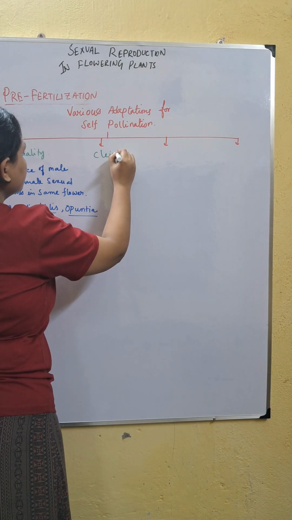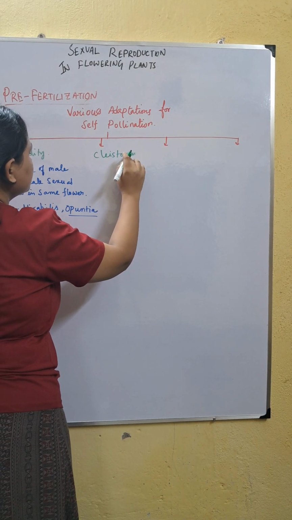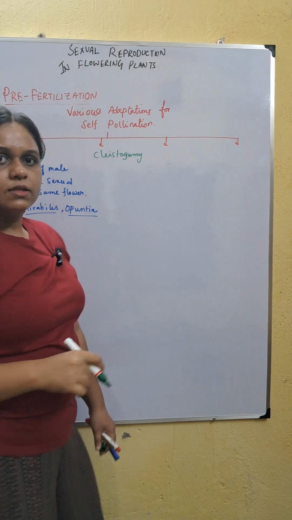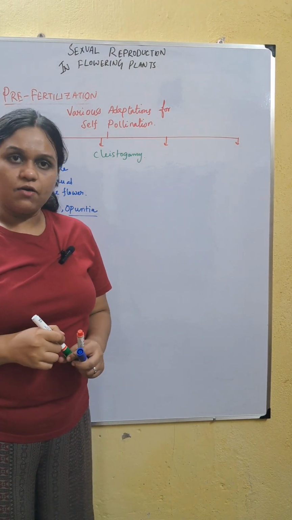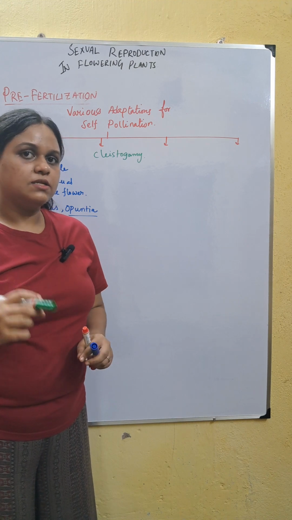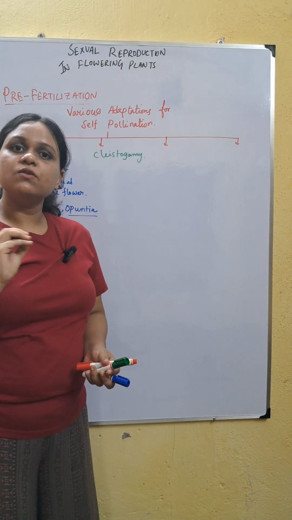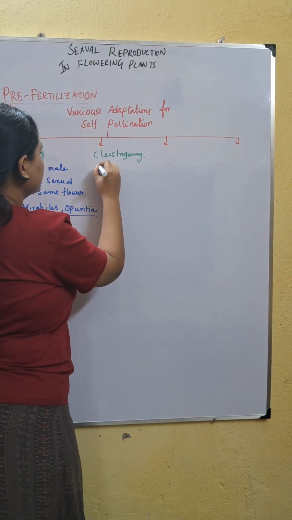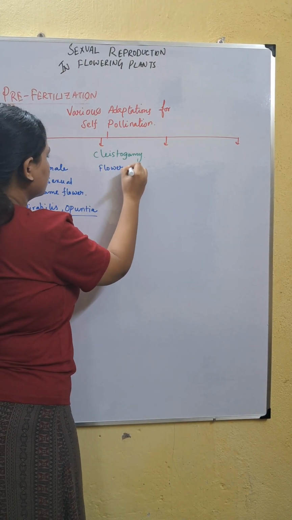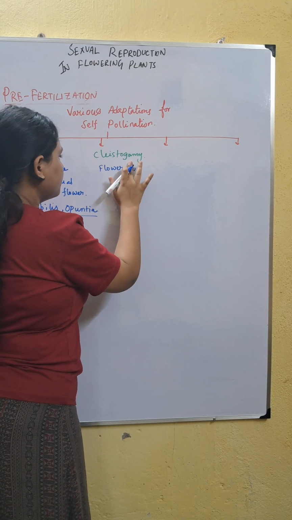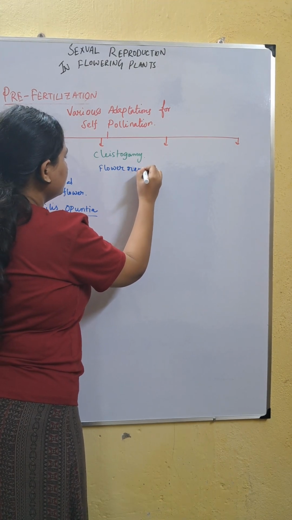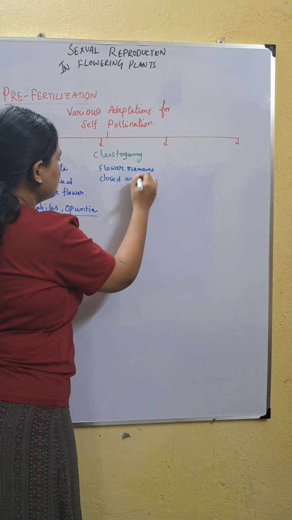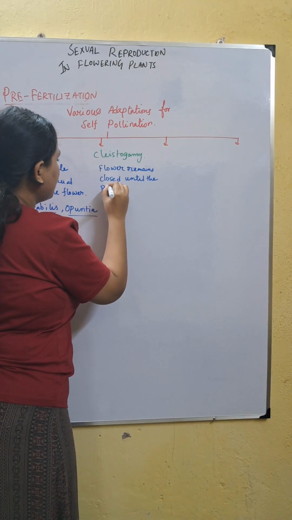Next is cleistogamy. Cleistogamy is seen in flowers in which the flower doesn't open until the pollination occurs. The flower remains closed until the pollination occurs.